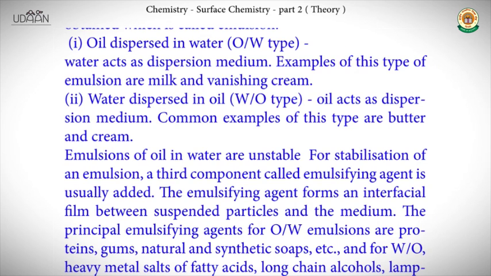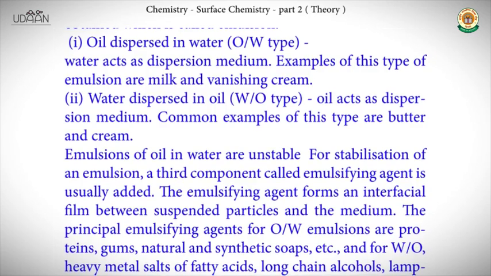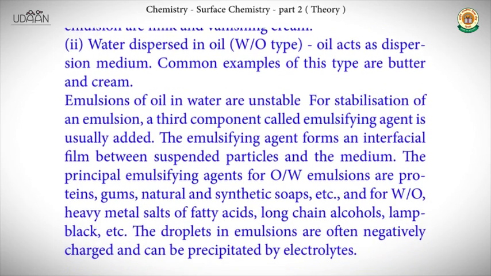Examples of this type of emulsion are milk and vanishing cream. So in milk and vanishing cream, water is the dispersion medium. And the second is water dispersed in oil, W/O type. Oil acts as the dispersion medium and water is the disperse phase, and examples are butter and cream.